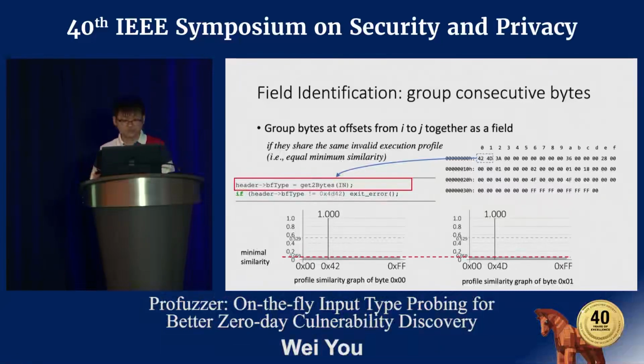As we can see, both bytes have only one valid value whose corresponding similarity score is 1. The other invalid values lead to the termination of the program and have a very low similarity score. So these two bytes share the same minimal similarity since they have the same termination path with the exception. So we group them together.